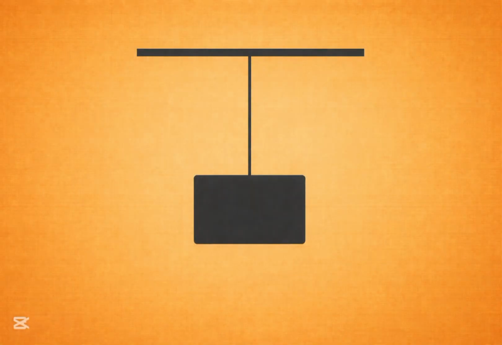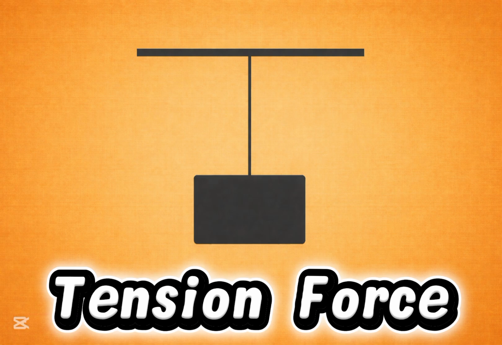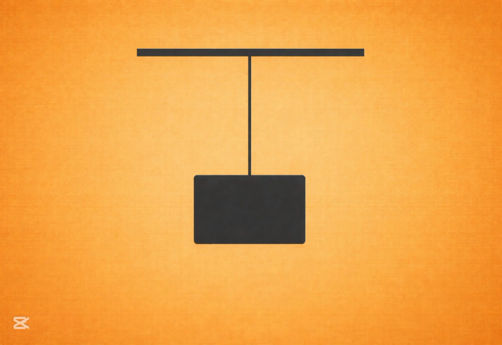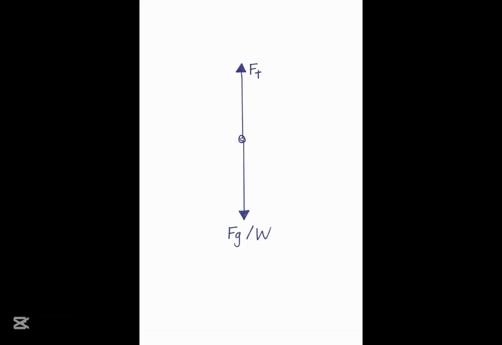And then now we have the rope there. On the rope, there is something that is called tension force. The tension force is there between the ceiling and the object. So now the tension force is going where? It is going up. So we are going to say it's going like this. So this is our free body diagram.